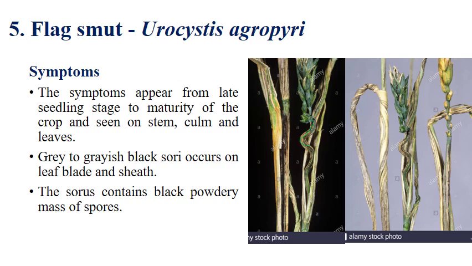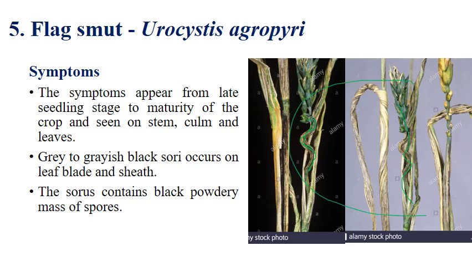This sore contains black powdery masses, and it produces no grains. It is a very dangerous disease for wheat production.